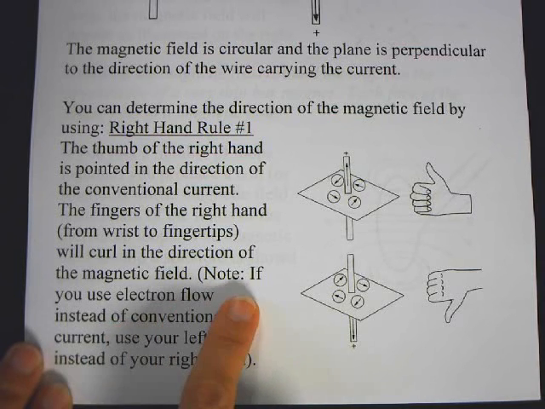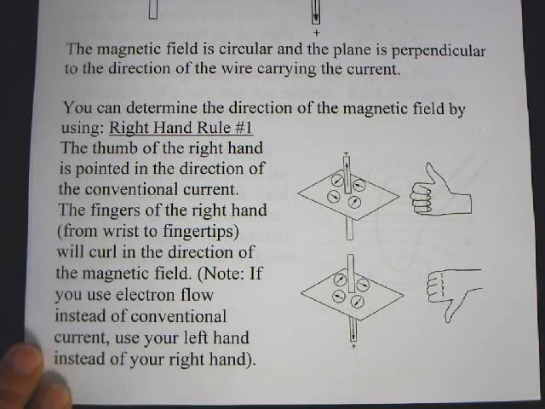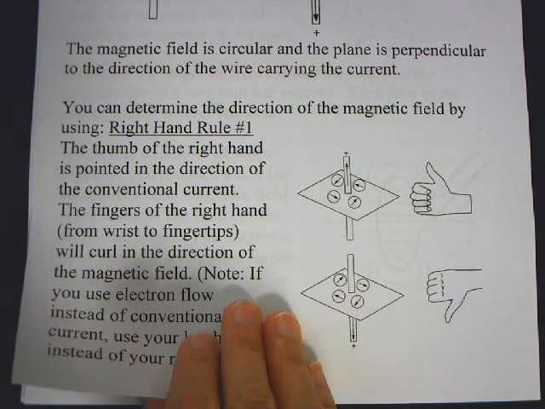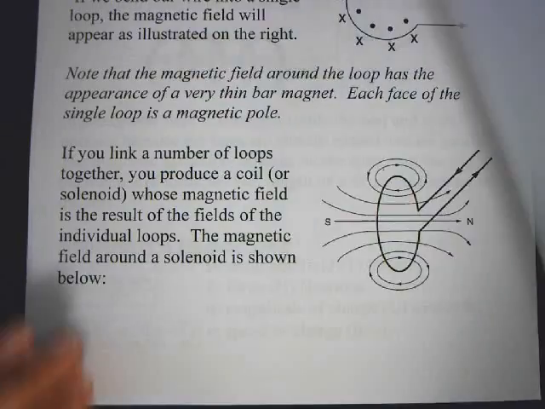So if you're using an electron, you're not going to use your right hand, you have to use your left hand. So if the charge is negative, you use your left hand. And we're going to see that in 2 of our homework problems today. And if you don't use your left hand instead of your right hand, your sign convention ends up being wrong. So just remember, for negative charges, you use the left hand.